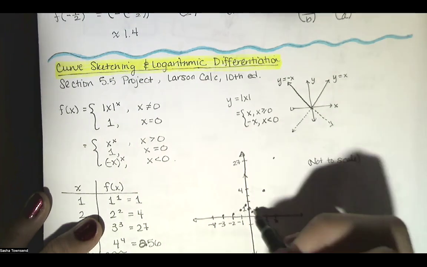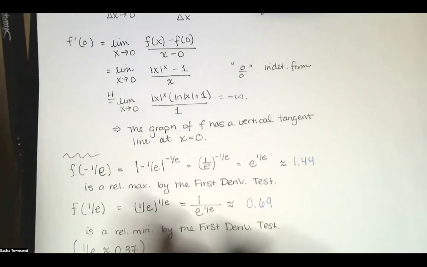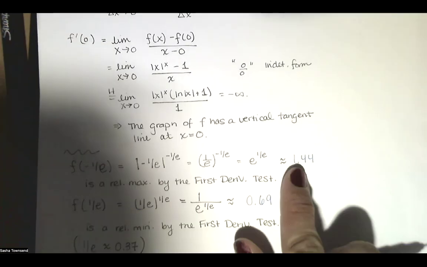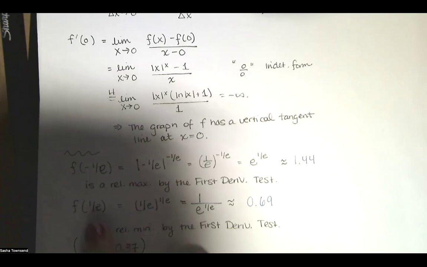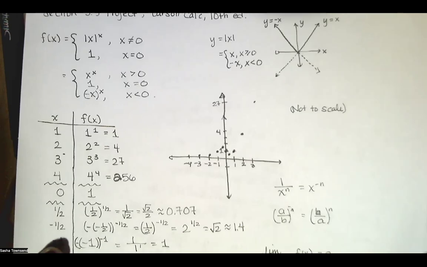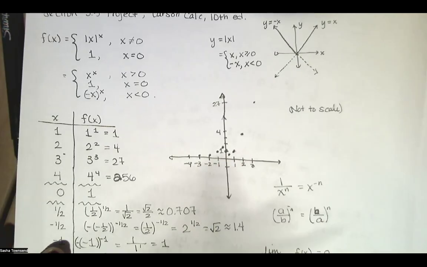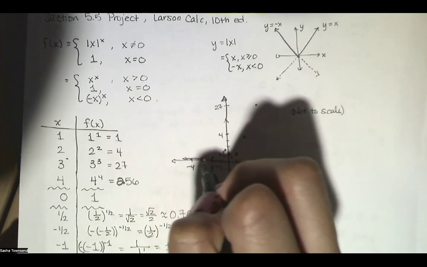That's a relative max. That one's a relative min. Right? Relative max at negative 1 over e. Relative min at positive 1 over e. And we've got a vertical tangent line at 0. So I think my graph should look like this.